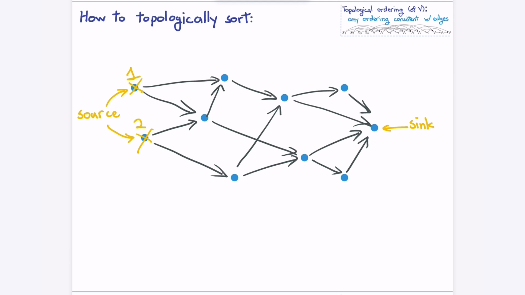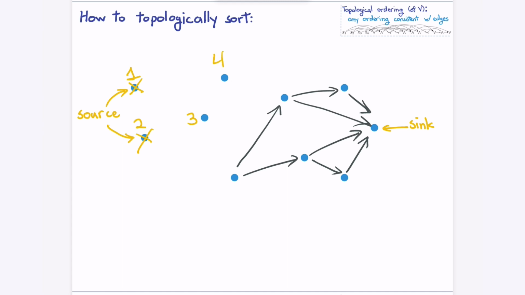And now, as I remove those from the graph, and I remove the connecting edges, now you have new sources, right? So you can just keep removing sources: 3, 4, 5, sorry, and so forth.